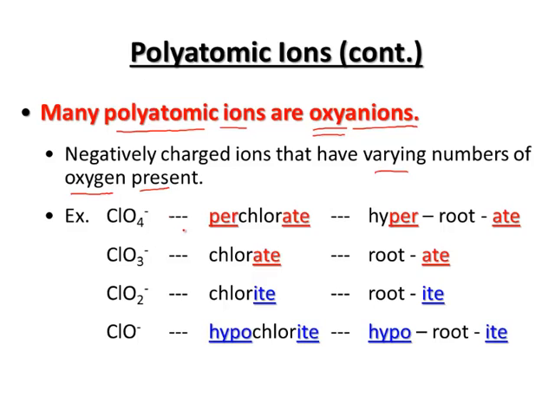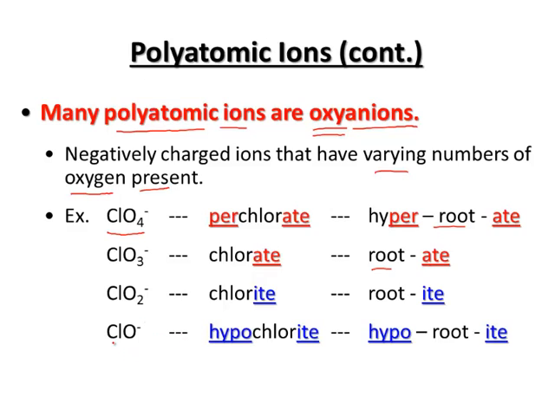ClO4 with a minus charge is going to be known, and here's our root word, in this case with chlorine, as perchlorate. Or ClO3 with a negative charge is going to be known as chlorate, with that root and then the ate. Chlorite or hypochlorite are all going to be oxygen based.